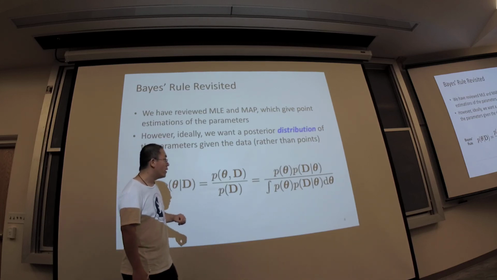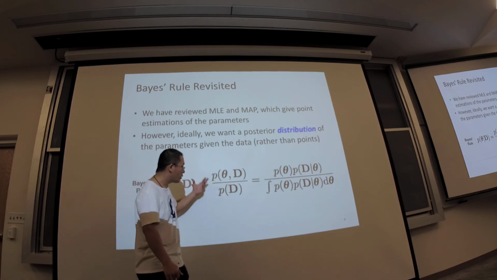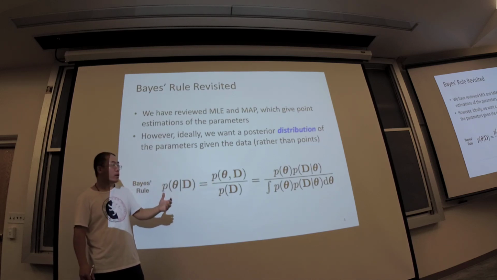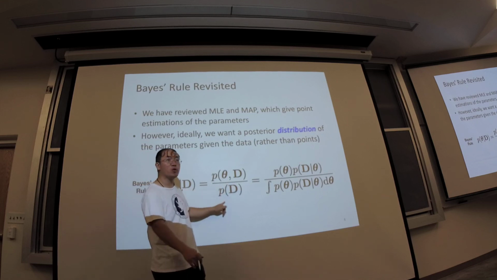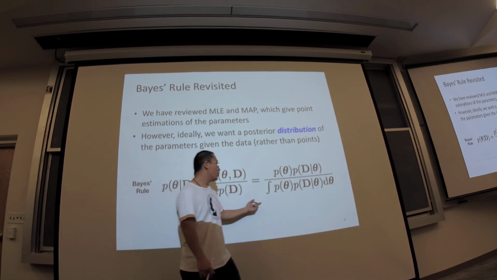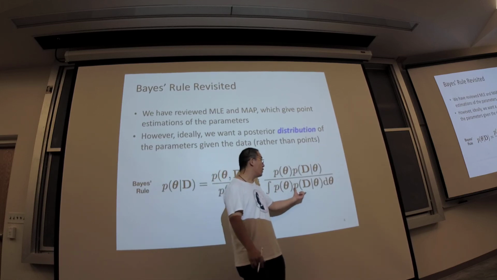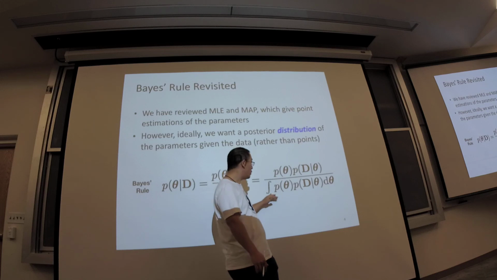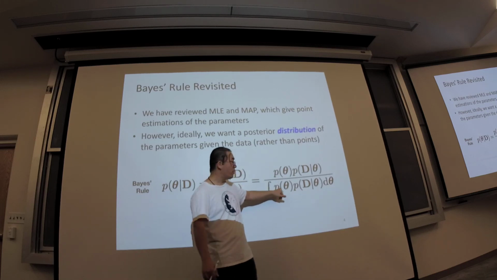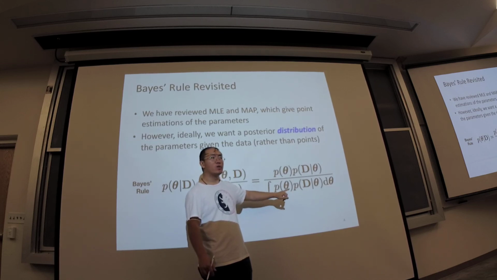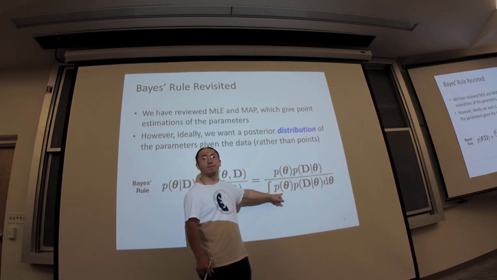But to calculate the posterior distribution according to Bayes' rule is not easy, because you need to calculate this marginal distribution over the data set. You need to calculate the marginalization over the joint distribution, so you need to integrate out the random variable theta here. And in most cases, this won't be feasible to compute.